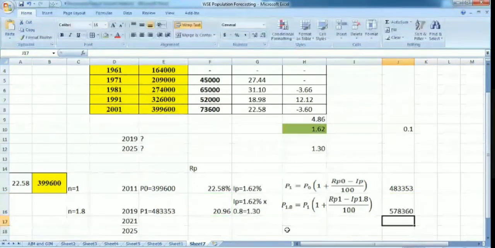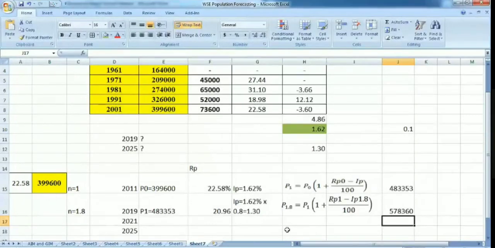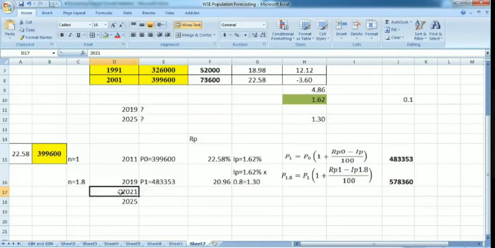You are going to get the answer for 2019 as 5,78,360.